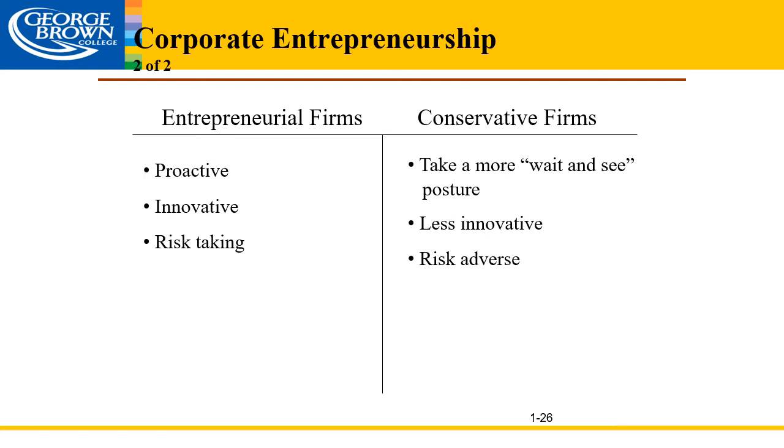They come from conservative firms, right? So they wait for something to become popular and then they produce that product. Okay, they're less innovative, so they like to wait and see what's popular and what's going to work. They use what's tried and true, and what's worked for them in the past, and they're much more risk averse. So they don't like to take a whole lot of risk. So if there's risk that they're going to lose some money, they don't want to invest that money because there's a good chance that they're going to lose it, right?